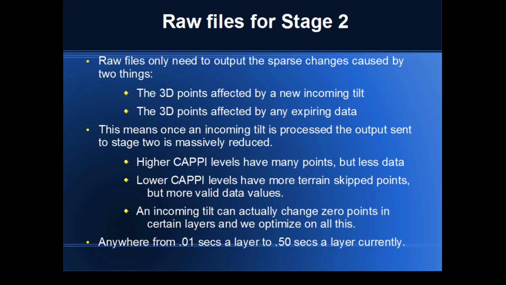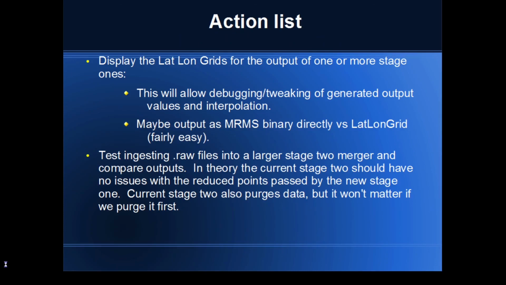Lower CAPPI levels have more terrain skip points, more valid data values. An incoming tilt can actually change 0 points in certain layers, and we optimize on all of this. Anywhere from 0.01 seconds a layer to 0.5 seconds a layer is currently how it goes. So for a 33 layer processing, we're looking at 10 seconds. It's actually fairly quick. The time involved is in the startup time pre-creating the caches.